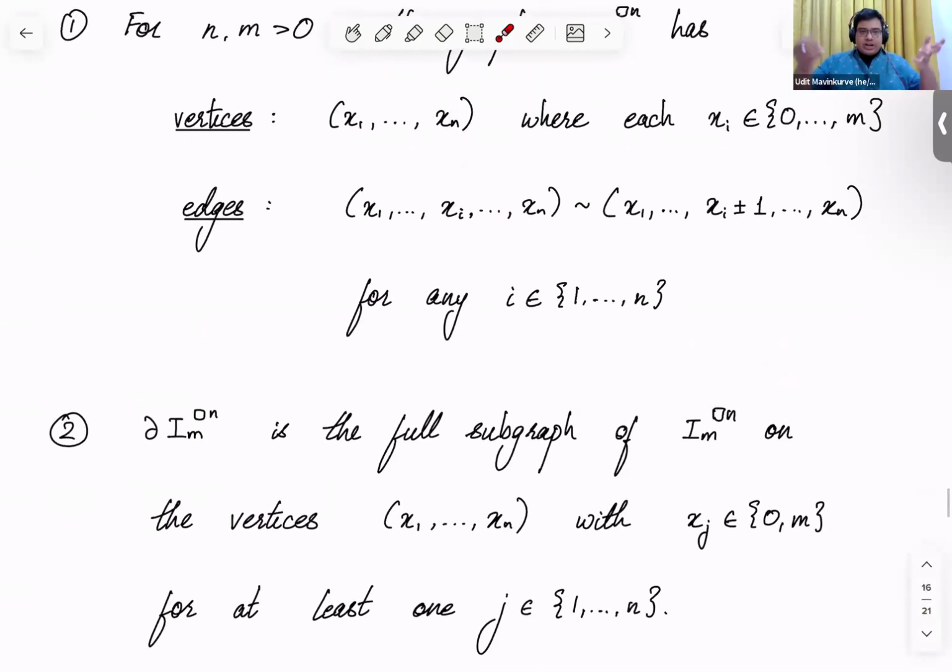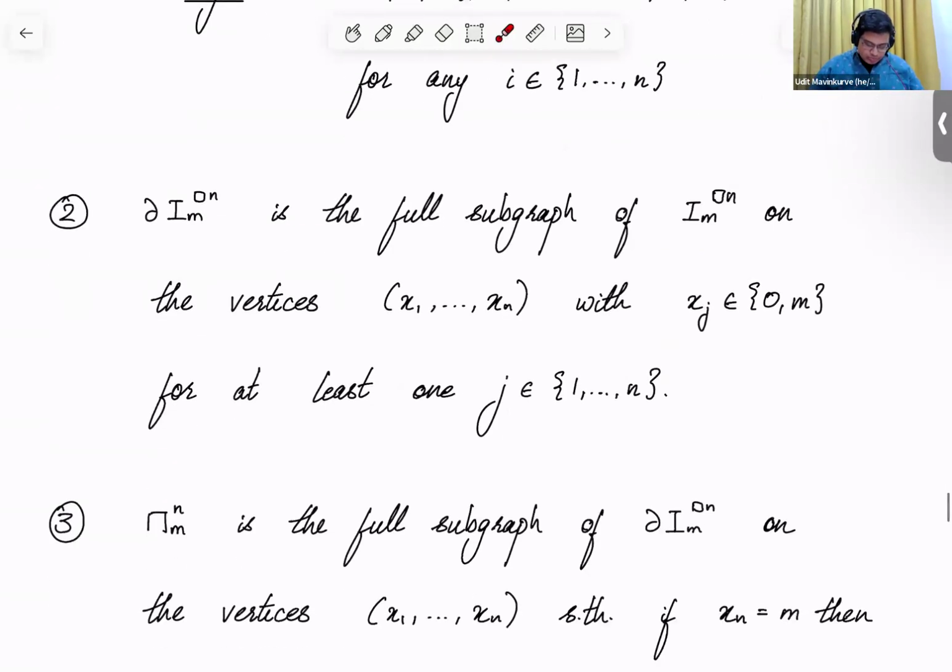Then we can look at the boundary of that cube. Basically we're saying that for at least one coordinate, one of these x_j's has to be either 0 or m. So it has to be one of the endpoints of one of the copies of I_m that we're taking the product of. That gives you the boundary of the cube.